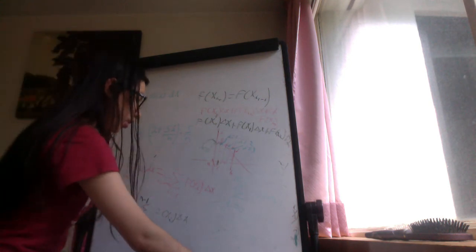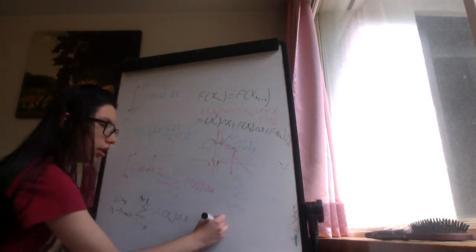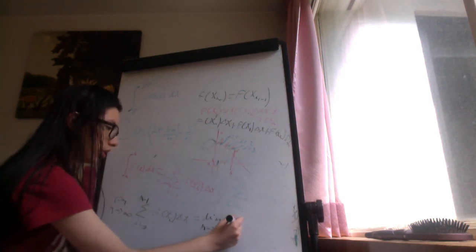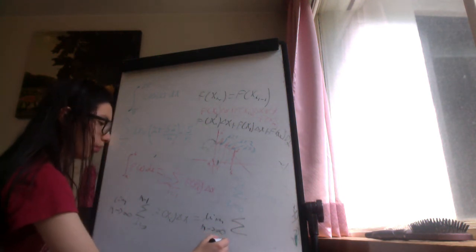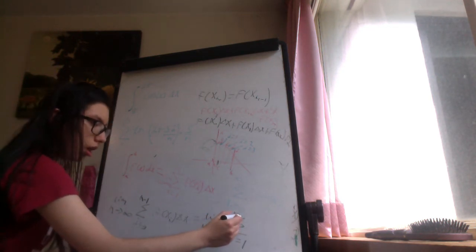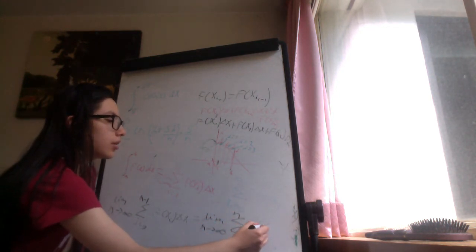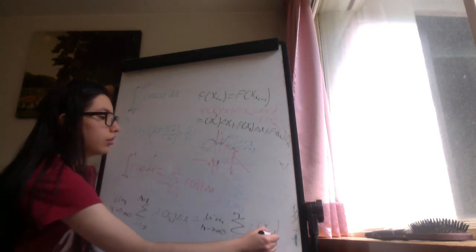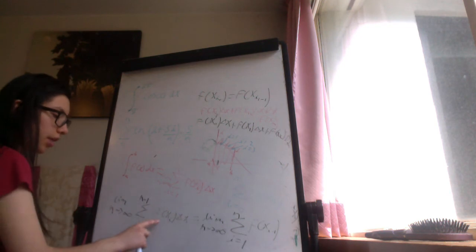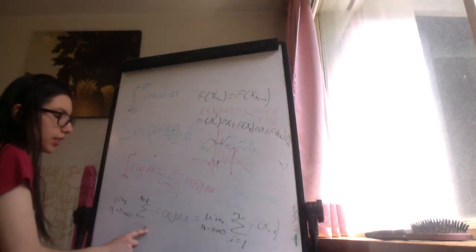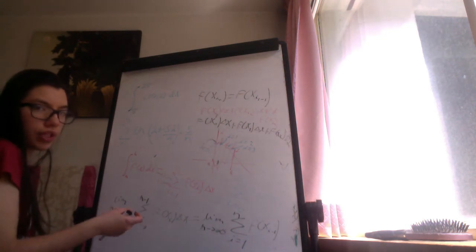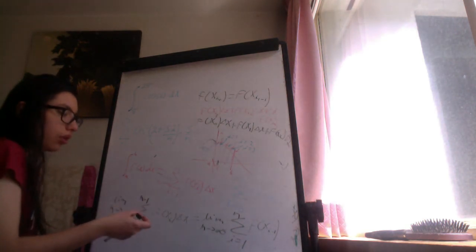Or the other way, you can put it as the limit as n approaches infinity of the Riemann summation from i equals 1 to n of f of x sub i minus 1, because now when i is equal to 1, this is f of x sub 0, the same as here, when i is equal to 0, you have f of x sub 0. So the first term will always be f of x sub 0.